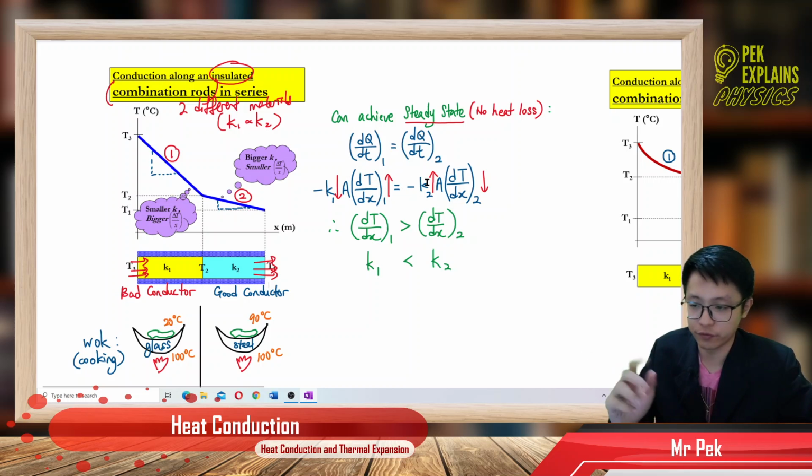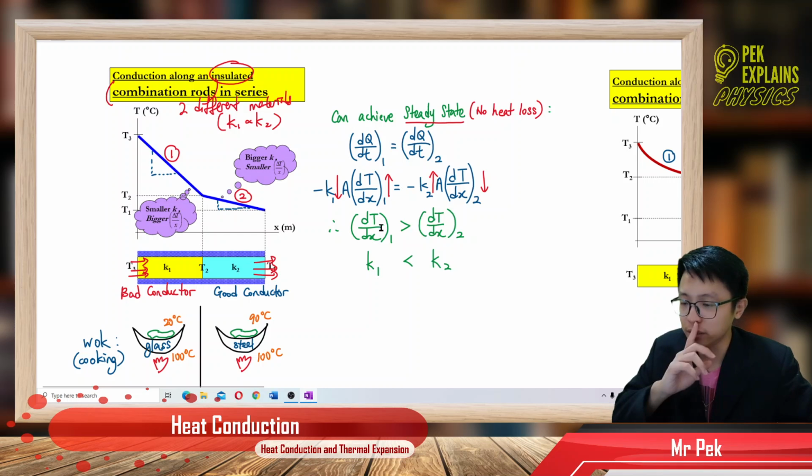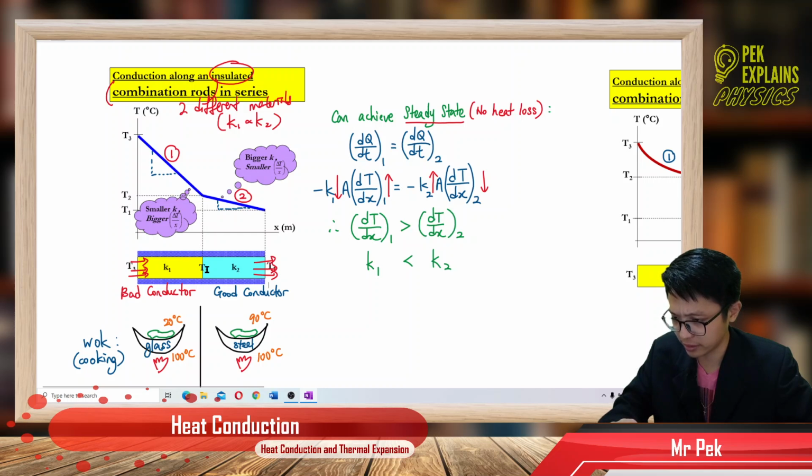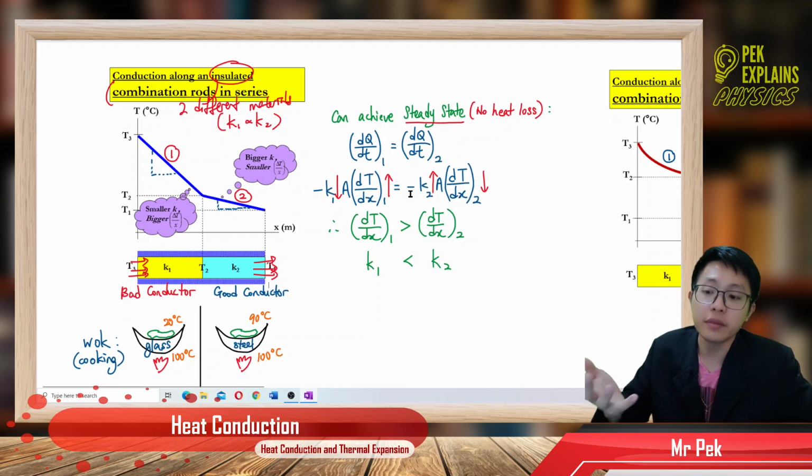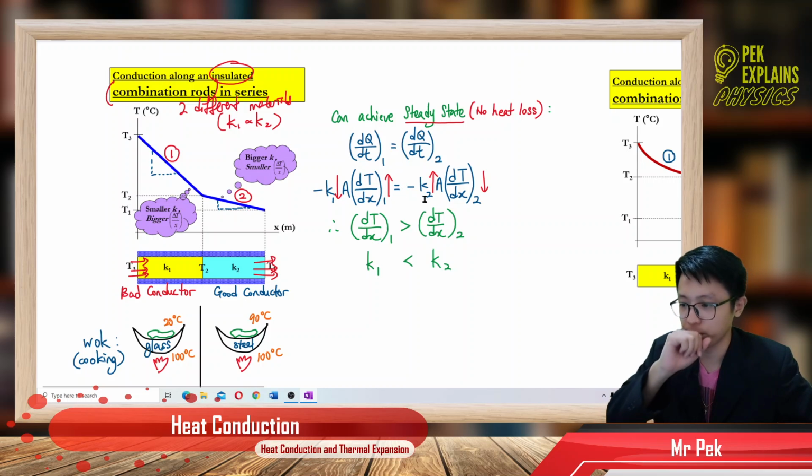What happened to the temperature gradient dT/dx? The only thing that is similar is the cross-sectional area. They have the same cross-sectional area, but different material, that's why they have different K, K1 and K2.